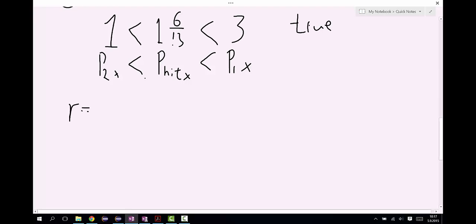R equals A, which in our case is C, minus 2 times a dot n times n, which is the vector, if n is normalized.